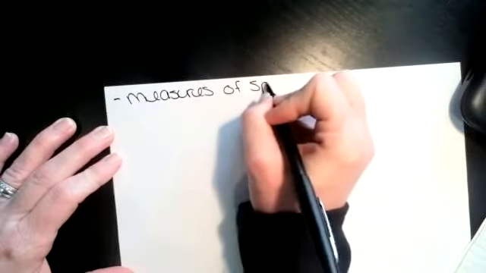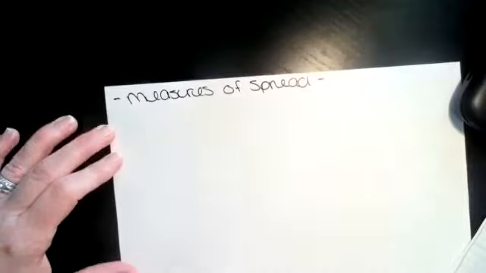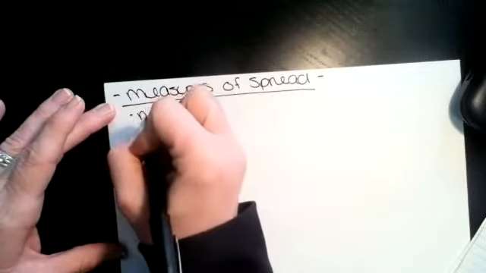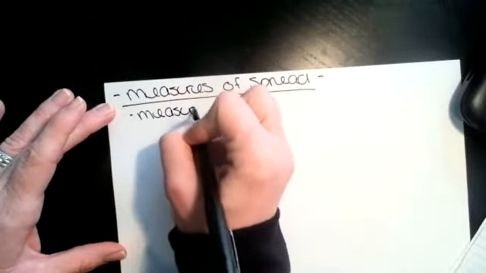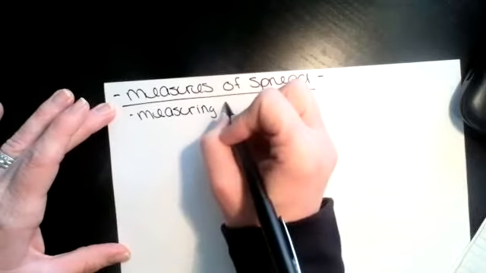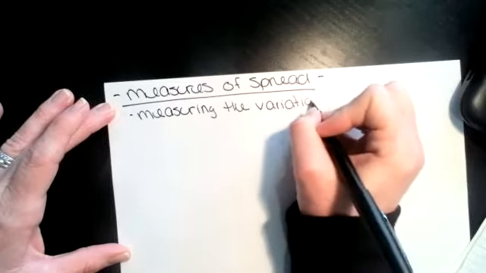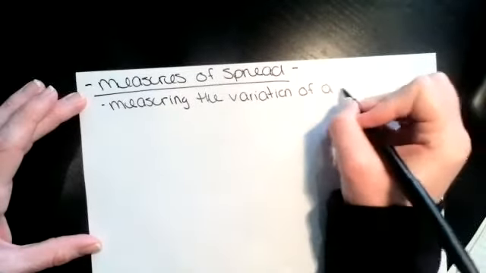Okay, so that was measures of center. Let's take a look at measures of spread. So here we're just going to be measuring the variation of a distribution.